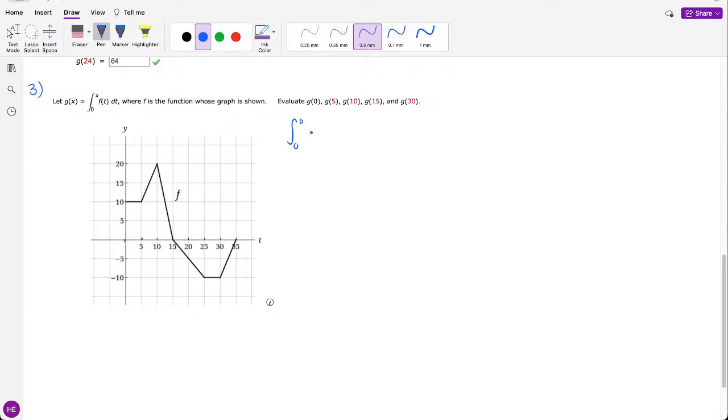The way you should write it is integral from 0 to 0, but I'm just going to do it in a quicker way so that it makes sense to me.